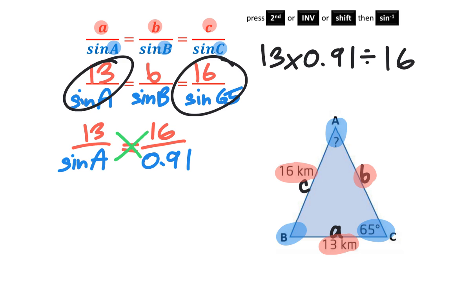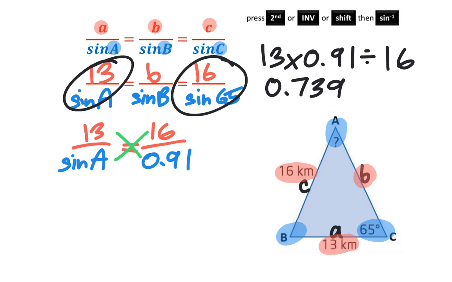Now, when you do the calculation on the side, you'll get something that looks like this, 0.739. But there's no way this angle is 0.739 degrees, which means we're going to have to use this button, the sine inverse button. To access it, you're going to have to either press the second button, the inverse button, or the shift button before using this.